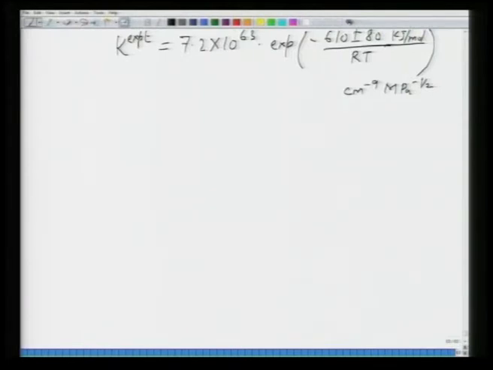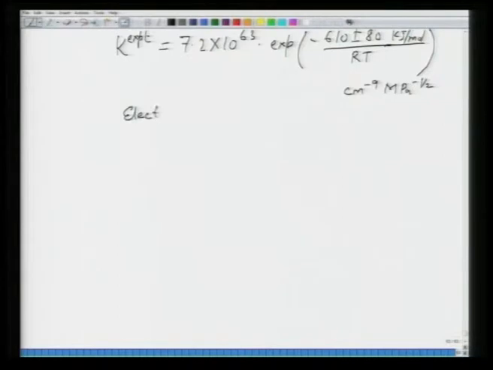Now, you can see from this expression what happens as you increase the temperature. Since there is a minus sign here, the K value also increases. As a result, MgO can be oxidized at higher temperatures, which means producing more and more intrinsic magnesium vacancies and holes, if no other extrinsic defects were present.